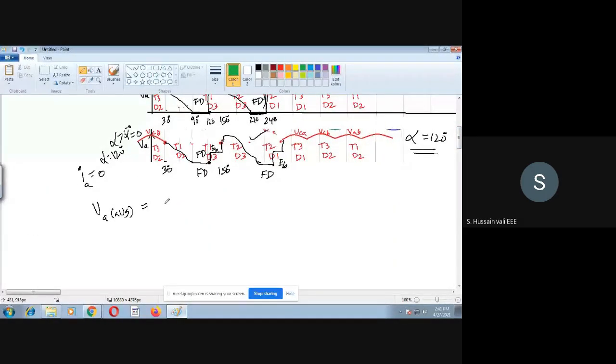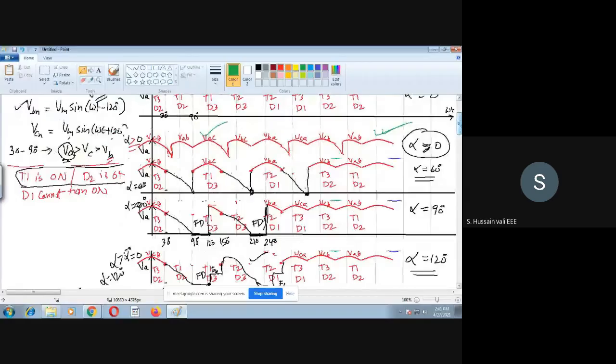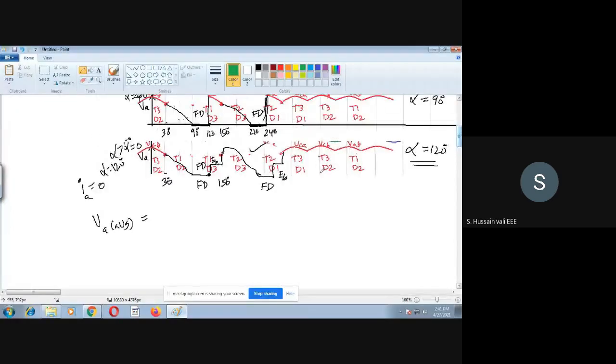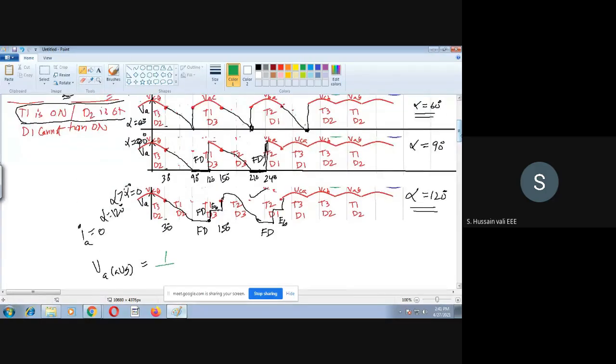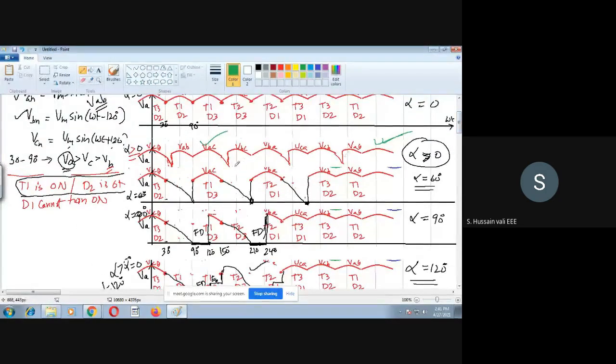You take 60 degrees as the time period, because you see yourself the time period is simply 60 degrees. So 1 by 60 degrees, no, sorry, it is not 60, it is 120 degrees. I'm sorry for that. Just check this yourself. The time period here is 120. So 120 time period you will find out.